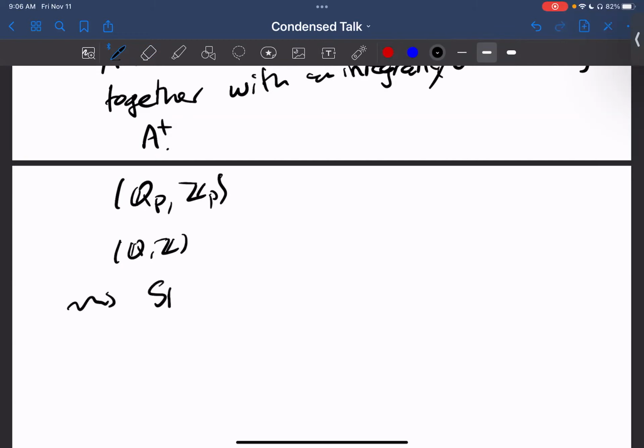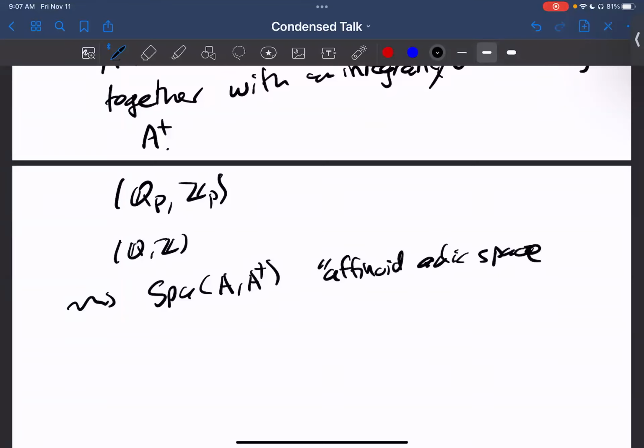And you can create a so-called adic space, Spa(A, A+). This is going to give you something called an affinoid adic space. Really a discrete affinoid adic space, but whatever, on some discrete Huber pair. So the way you define this is in classical algebraic geometry, you're using prime ideals. In this case, you're not using prime ideals, instead you're using valuations.